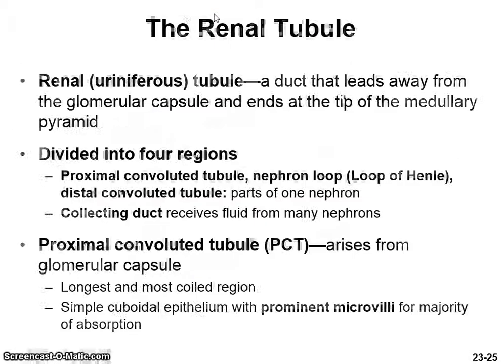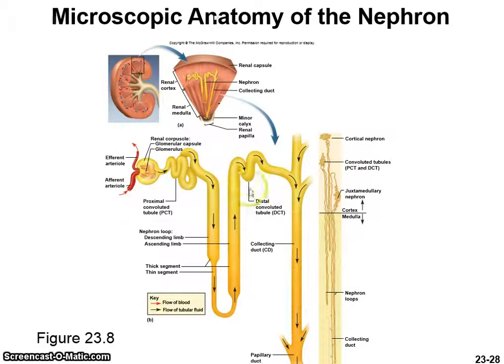Let me see, there's a picture of it. So the ascending and the descending both have thick parts, and they're thick because they're made of cuboidal epithelium, cuboidal cells, and over here it's going to be simple squamous. The reason is that these are highly water permeable, and they want the simplest layer so that it permits the largest amount of water to either flow in or flow out.